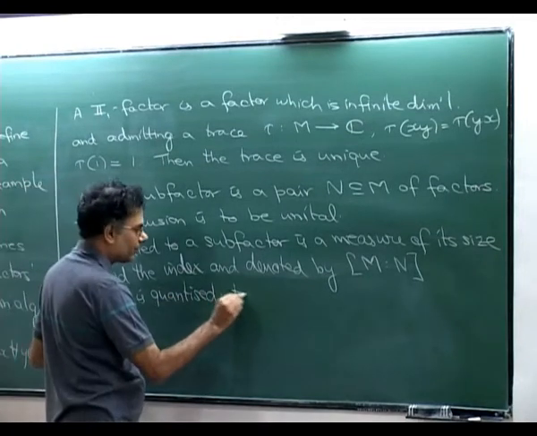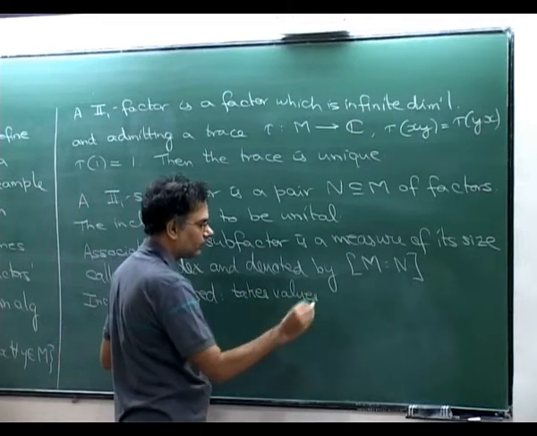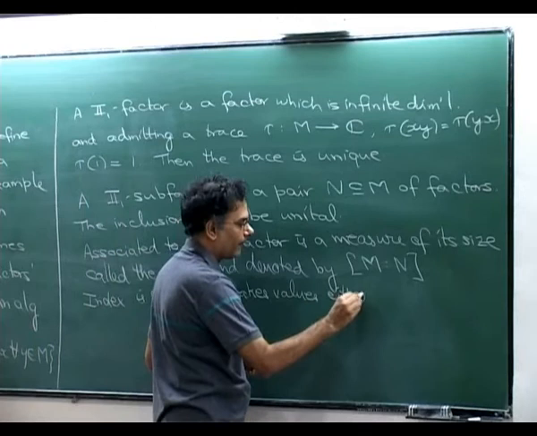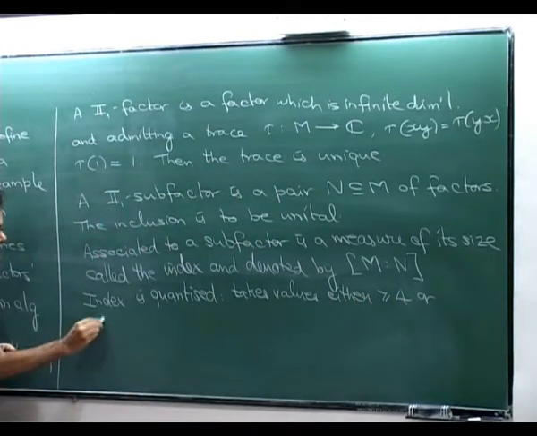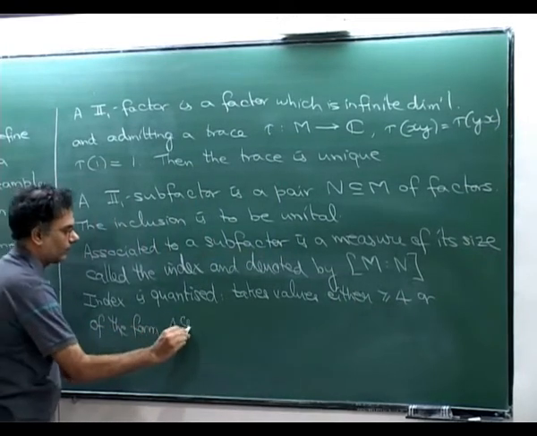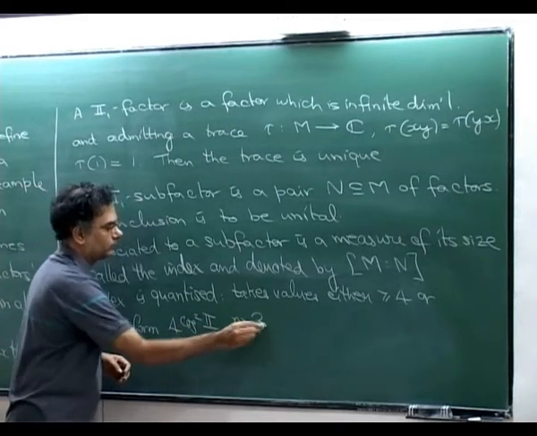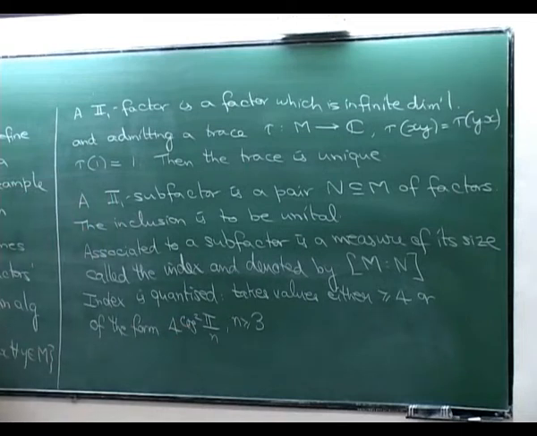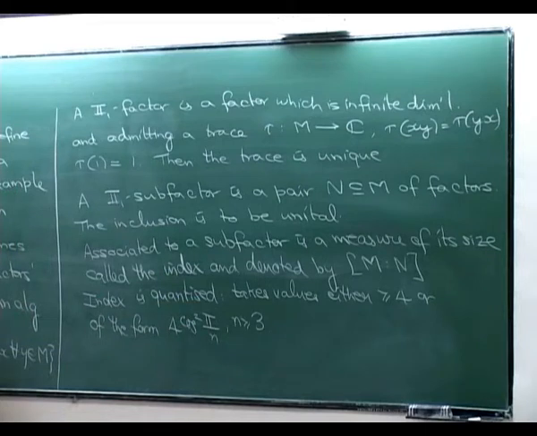So it takes values either greater than or equal to 4 or of the form 4 cos squared pi by n. So beyond 4 it can be anything, but less than 4 there is a countable set of values that this index takes. It can only be of this form. So that was one of the main results in this paper.